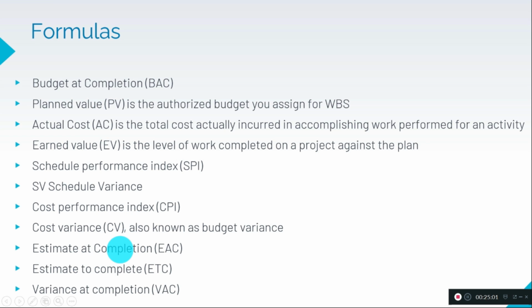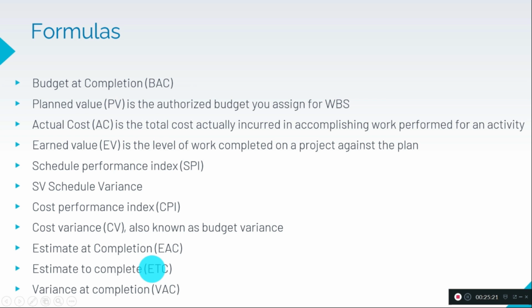And estimate at completion. For example, we have planned for 10k US dollars, but we need 11k at the estimate at completion. So this is the difference actually.